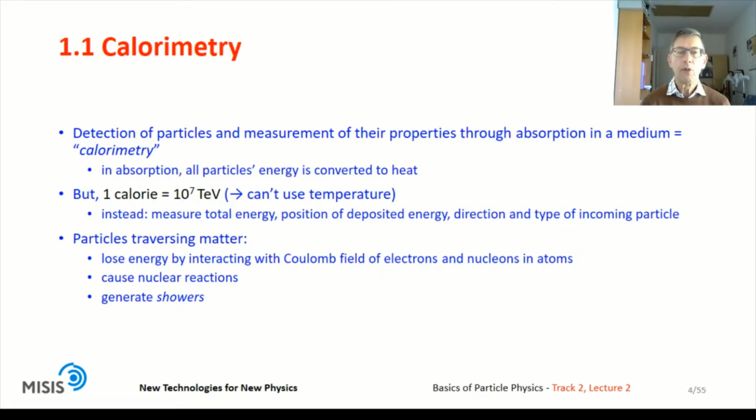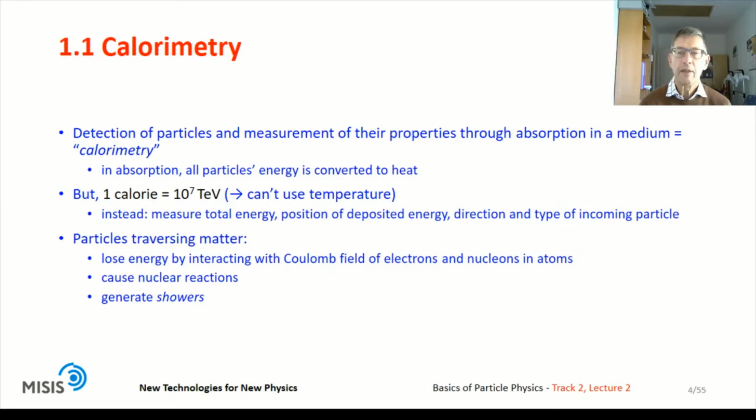However, we cannot use temperature to measure this heat, because 1 calorie, which is the amount of heat that it would require to heat 1 gram of water by 1 degree, is actually equivalent to an energy of 10 to the 7 TeV. That's 7 orders of magnitude higher than the particles that we are making at the LHC.